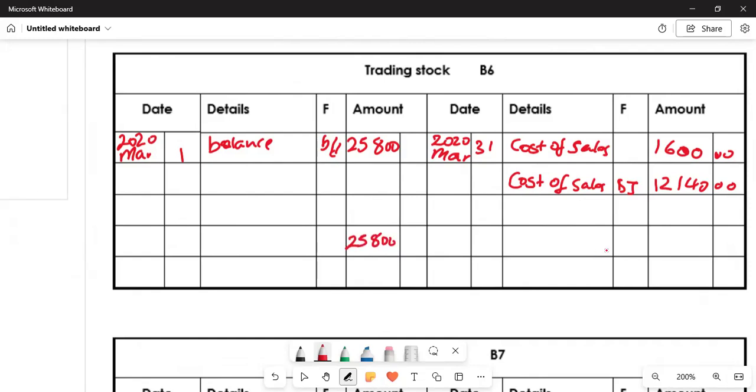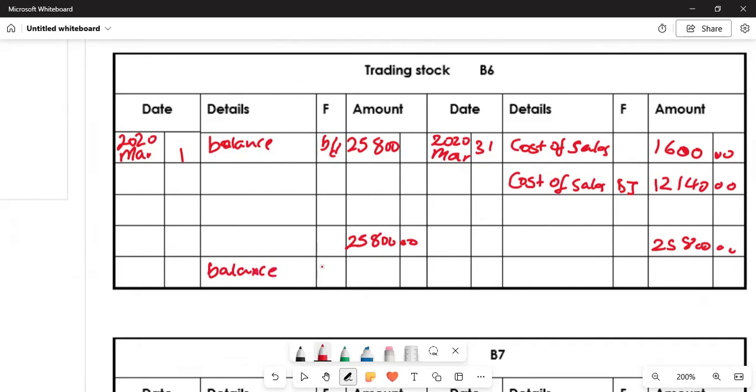25,800. Then we're going to say 25,800. And then you're going to add 1,600 plus 12,140 and subtract them from 25,800, and they will give us 12,060, which is going to be our balance brought down.